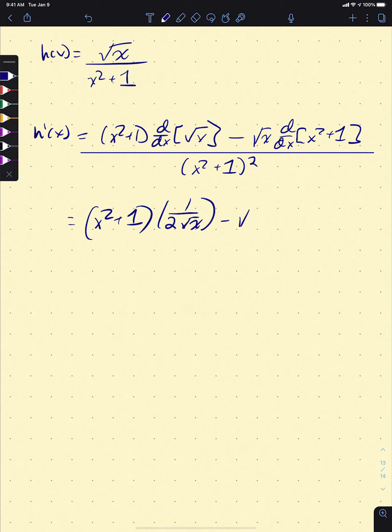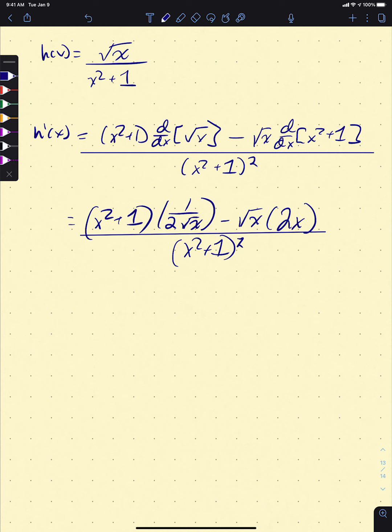We're going to subtract from this high, taking the derivative of the low. Looks like we're just going to get 2x because our 1 drops, and then divided by low low. And let's see if we can simplify this at all.